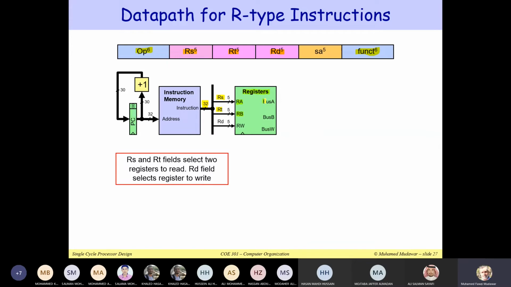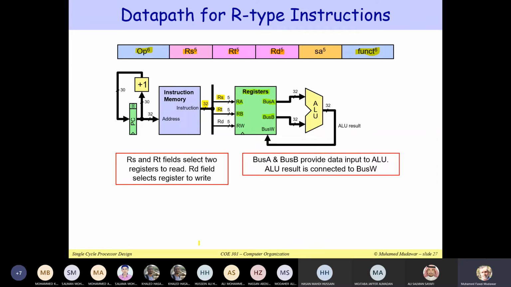The outputs, which are read, will be provided on bus A and bus B. We can take bus A and bus B and connect them to an ALU. This is another important component in my data path. So these are the components and the wiring, the buses. This is my data path, the path we're going to use to execute the instruction.